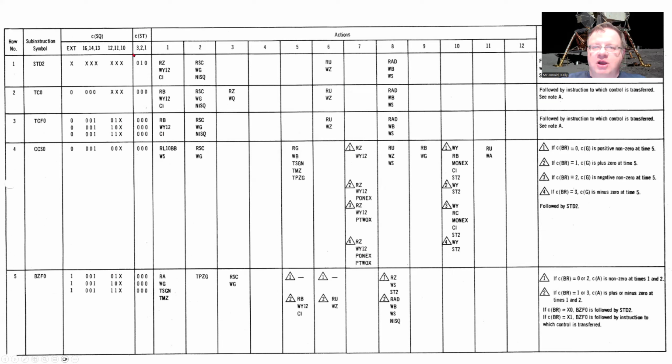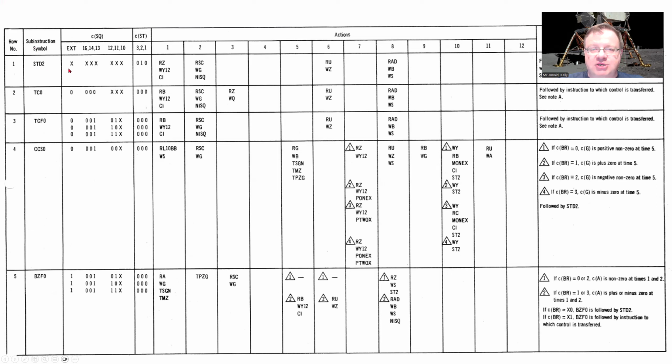Now, some of these, this is where I talk about the stage, in that some instructions operate within one stage, right? So they're able to complete their full instruction within one set of 12 actions. Others require multiple stages to complete that instruction. So this STD2 is a sub-instruction that pops up a multiple number of times, because it advances the computer to the next instruction.